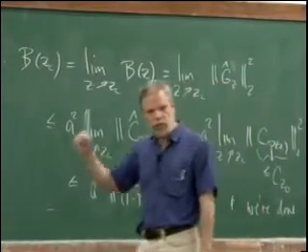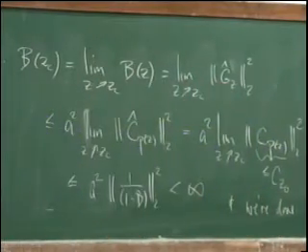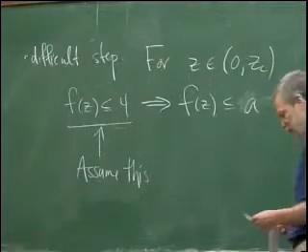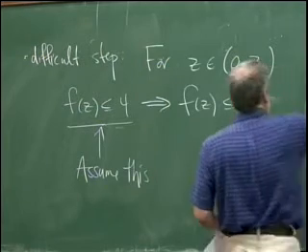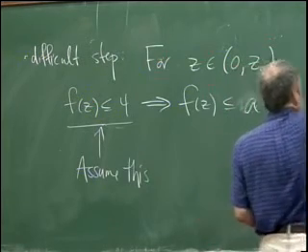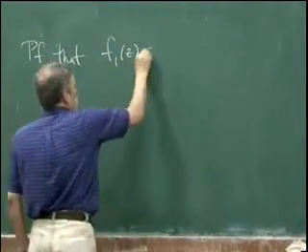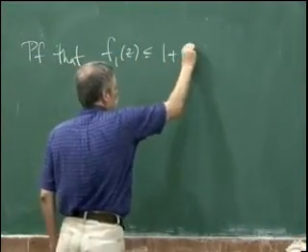So our assumption is giving us what it is that we're trying to prove, that the bubble is finite. Of course, we have to prove that it's even more finite than we thought, because we have to get this a out. All right, so here's the proof that F1 of z is less than or equal to 1 plus order beta.